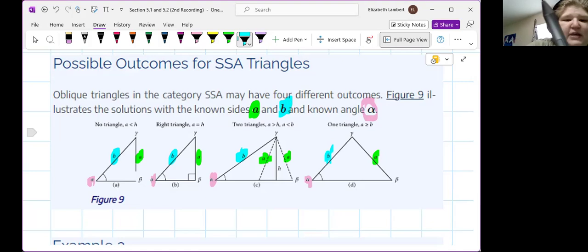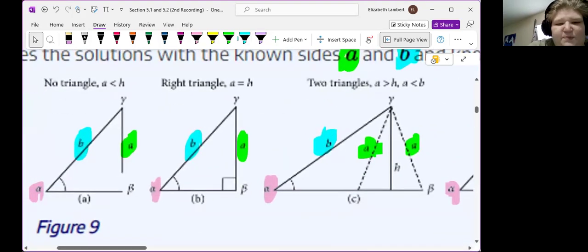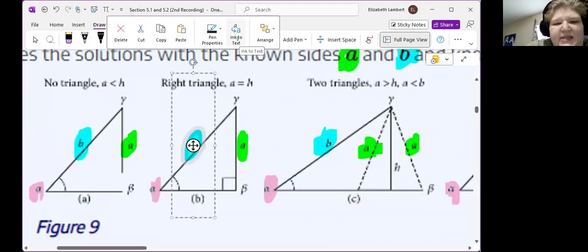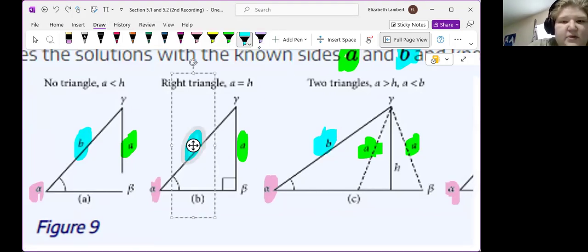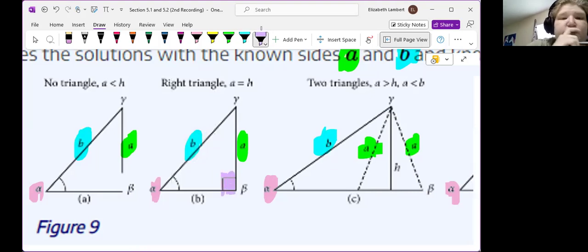Now the H they're talking about is right here on case B. If I made this a 90-degree angle, then this A length here is the minimum I need to actually hit the ground off my first pipe.